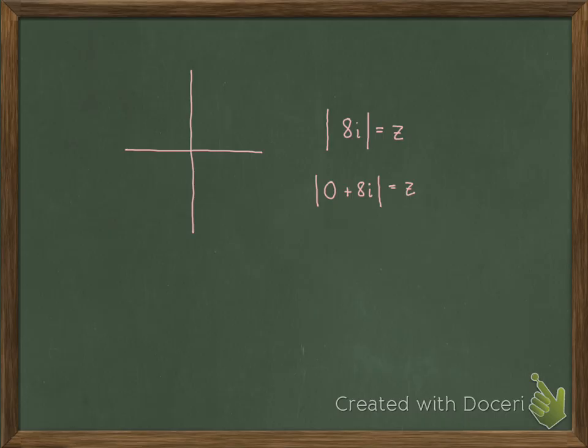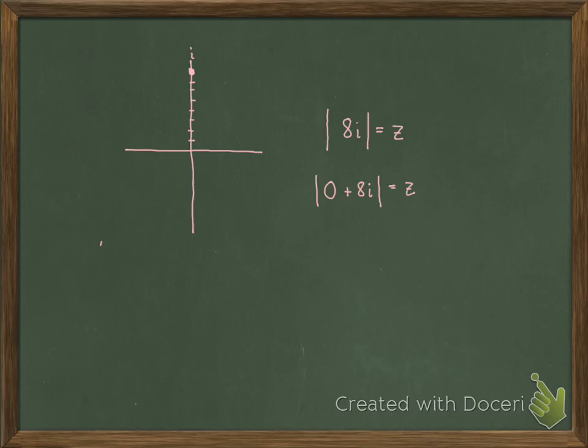So when we graph that, we don't go anywhere on the x-axis, we just go up 8 along the imaginary axis. So 1, 2, 3, 4, 5, 6, 7, 8 puts us right there on the imaginary axis.